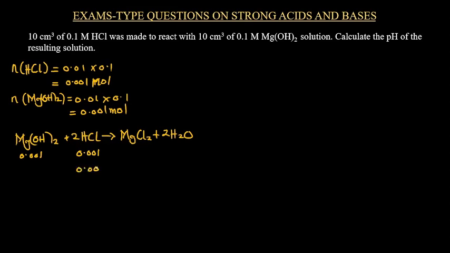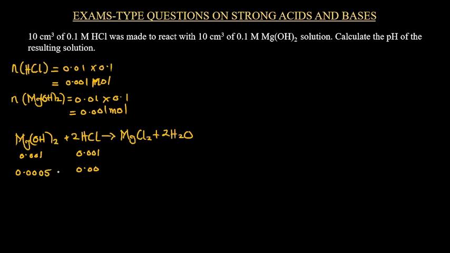All of it is consumed. And what is going to be left for magnesium hydroxide? We know that the ratio is 1 to 2, that is half. So if all of the HCl is consumed, then half of the mole of magnesium hydroxide would have been consumed. And so the mole of magnesium hydroxide is going to be 0.0005 left in the solution.